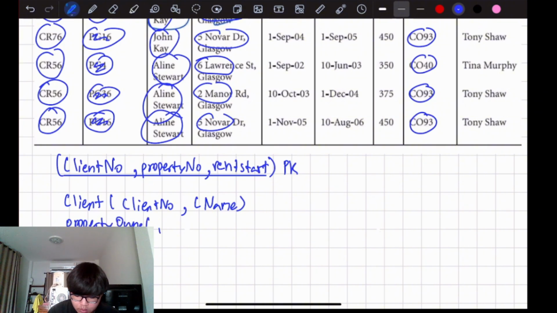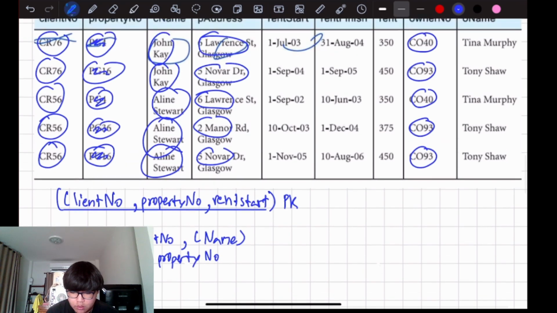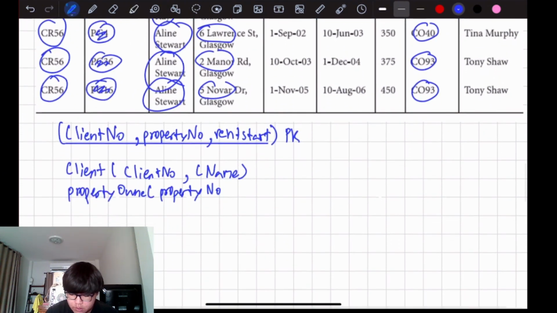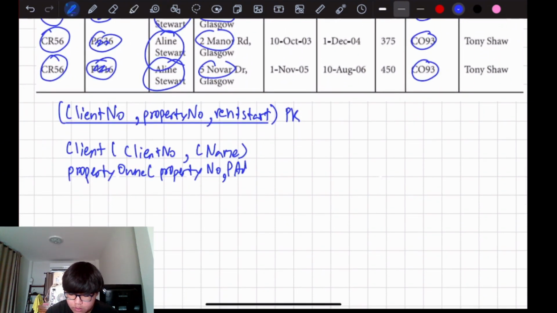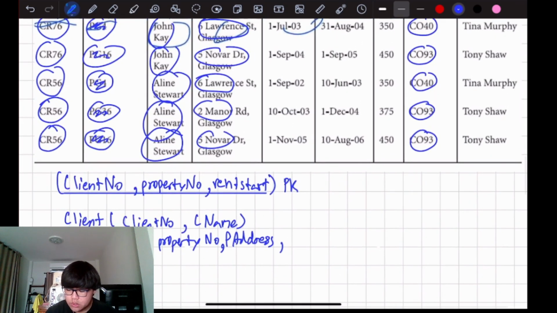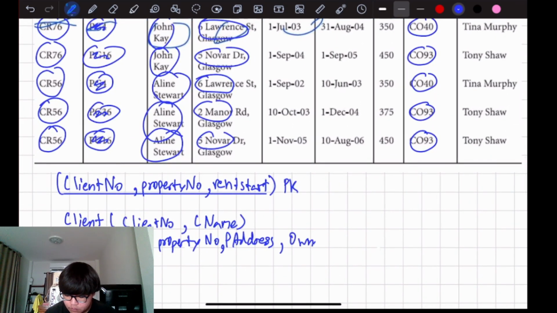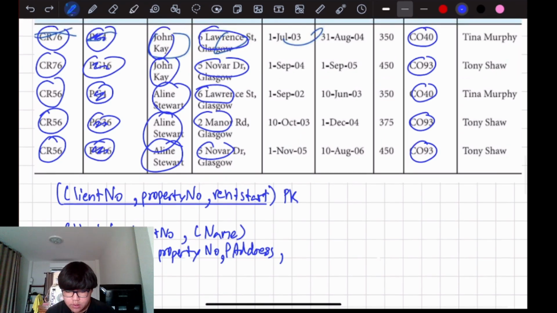It contains property number, key, address, owner number. I forgot something.